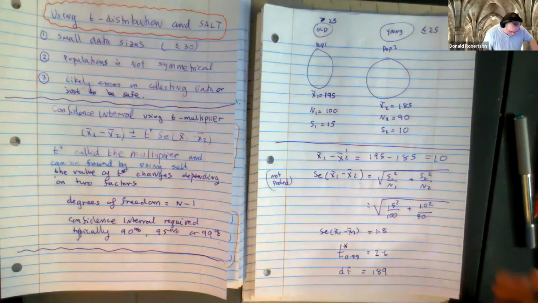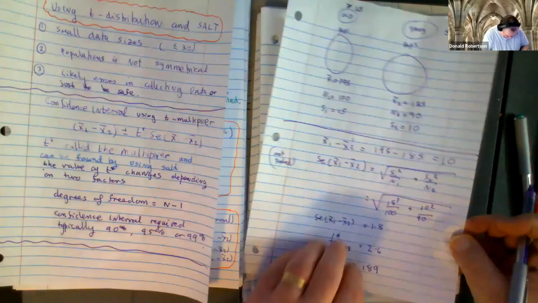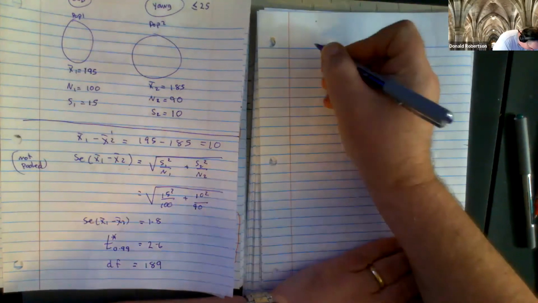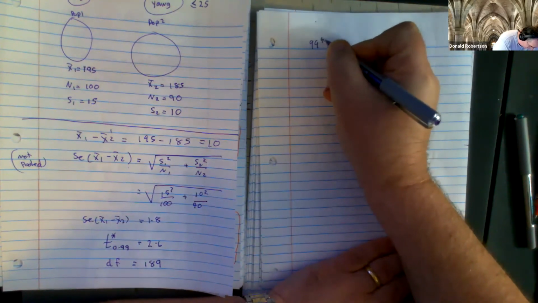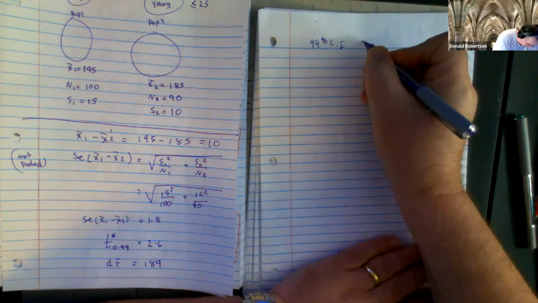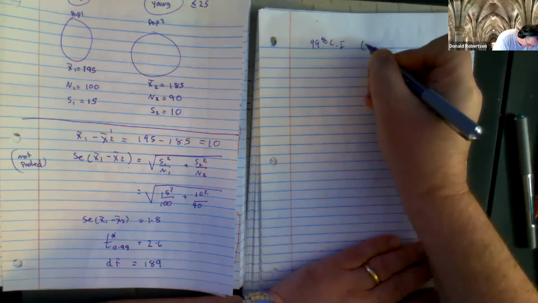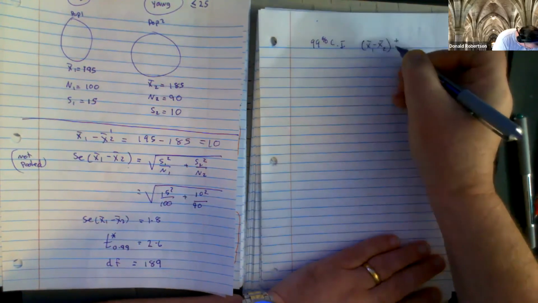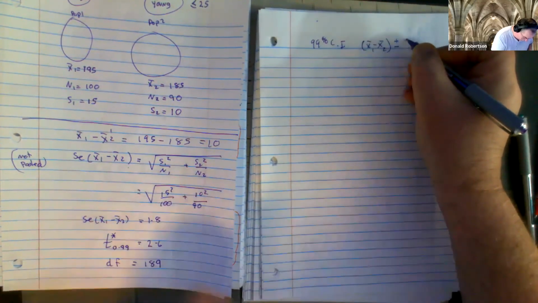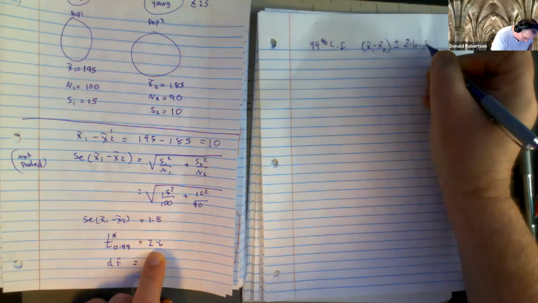So we've got all the features, all the data here. A 99% confidence interval is going to be the difference between the two means, plus or minus the magic guy, 2.6 standard errors.